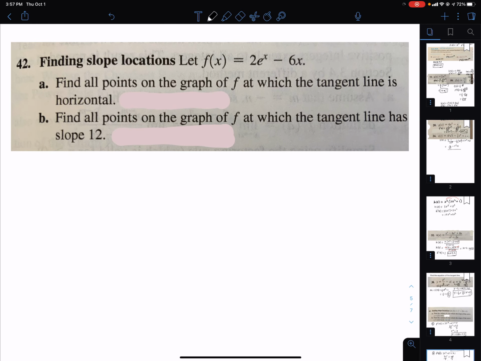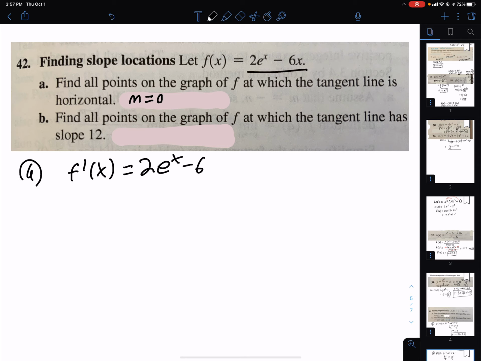Let's keep going. What does that mean? Horizontal tangent line. That means the slope is 0. A horizontal line has a slope of 0. So what is the slope of the tangent line? Hey, that's the derivative, which is 2e to the x minus 6. It's the derivative of that.